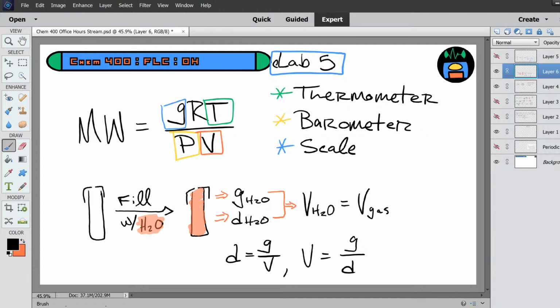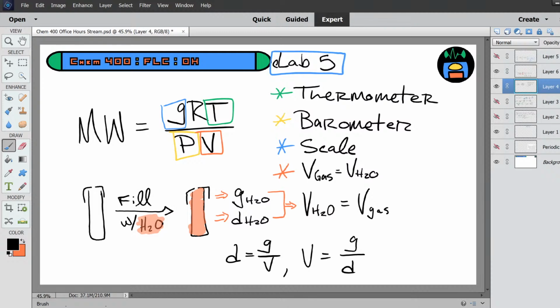All right, the way you get the volume of gas is, it's equal to the volume of water.